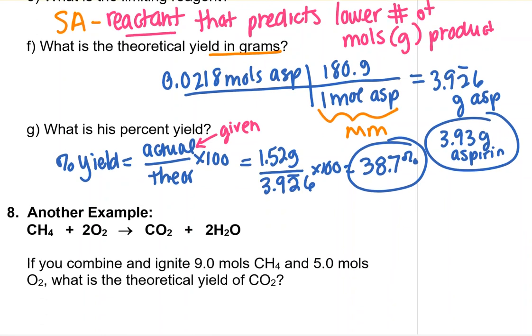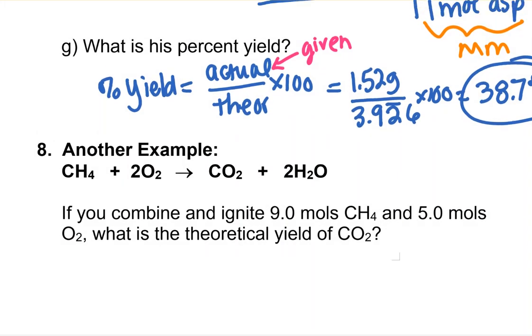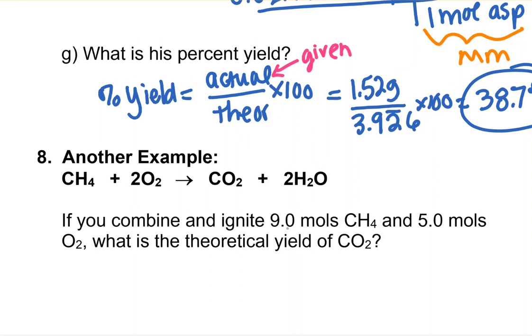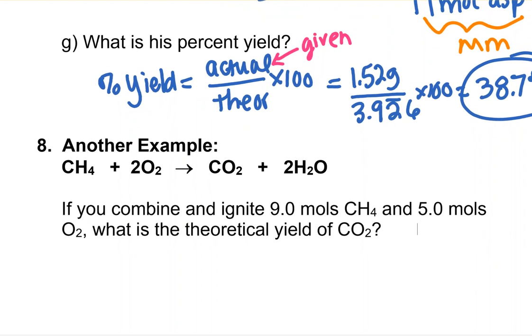Let's do another example. On this example, I wanted to show you that you don't always have grams. You could just start with moles. And on this one, we have to assume complete combustion, that there's plenty of oxygen available, but we'll see. Let me go through how this works.